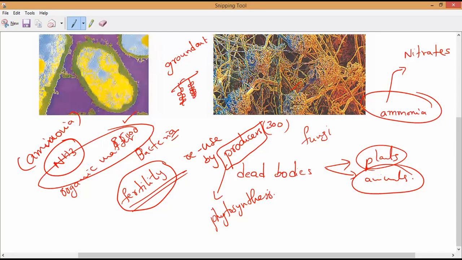Anybody can say what that is? Please respond. In the groundnut plant, some bacteria are present which help to fix nitrogen from the soil, because plants cannot absorb nitrogen from the atmosphere, and some plants cannot absorb it through water and soil also. So that is why some bacteria are present.